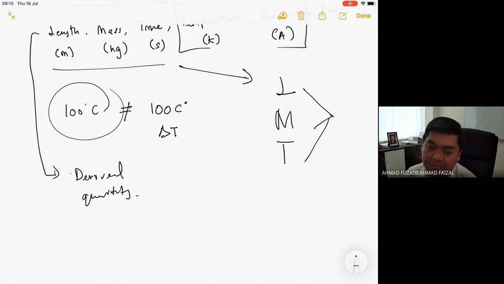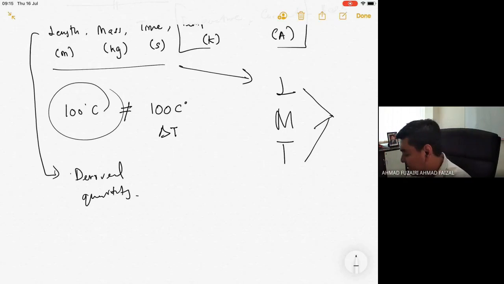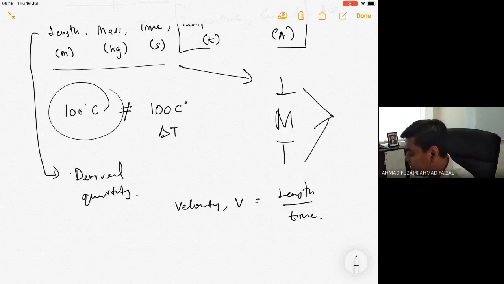Derive daripada base. Base apa? Length, mass, time. Contoh saya ambil velocity. Okay, V is equivalent to length over time. Kan? Sebab tu nanti dia dapat meter over second.